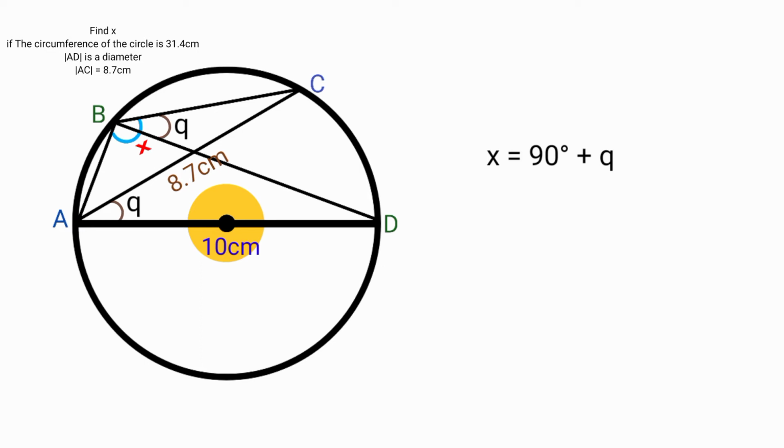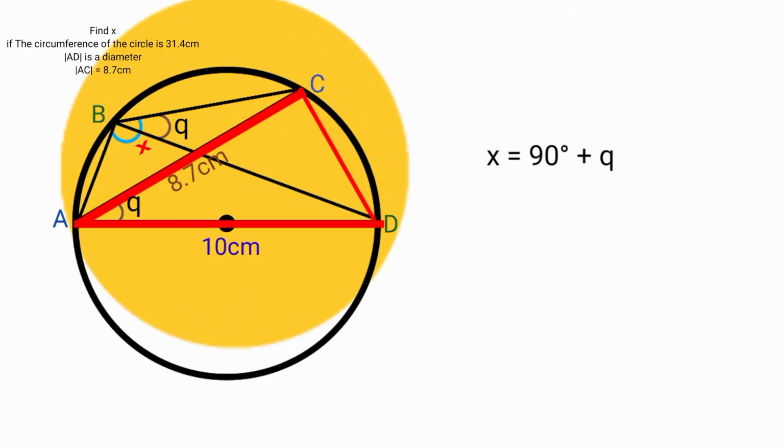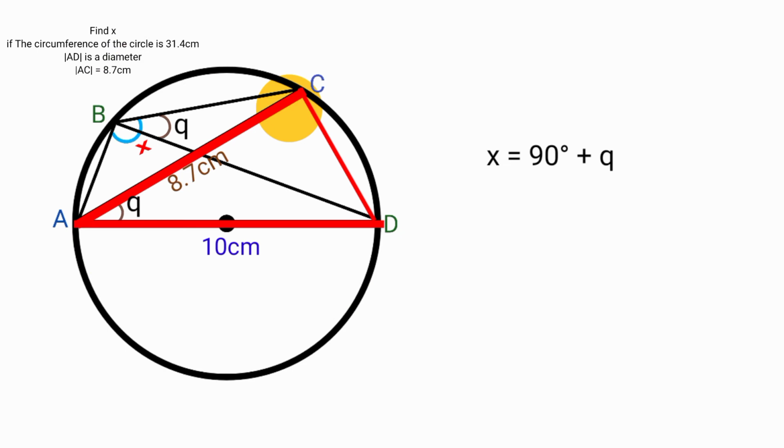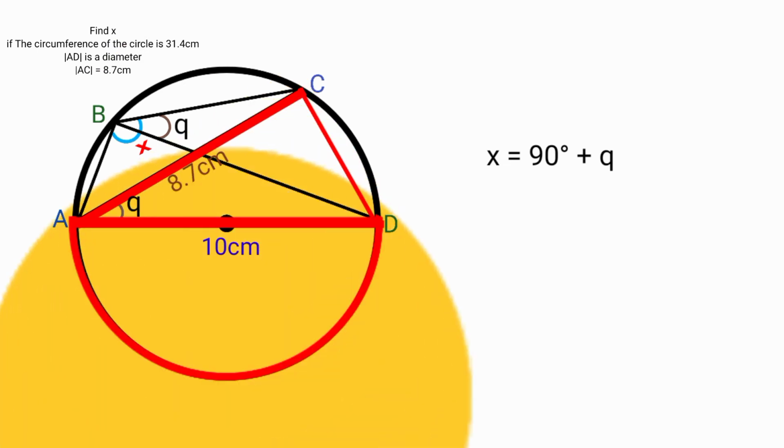So since we found the length of this line here to be 10 centimeters, and this is already given to us to be 8.7 centimeters, we can draw another line here from this point down to this point, so that we can have a triangle here. Now, if you look also here, this angle is also an angle subtended by a semicircle.